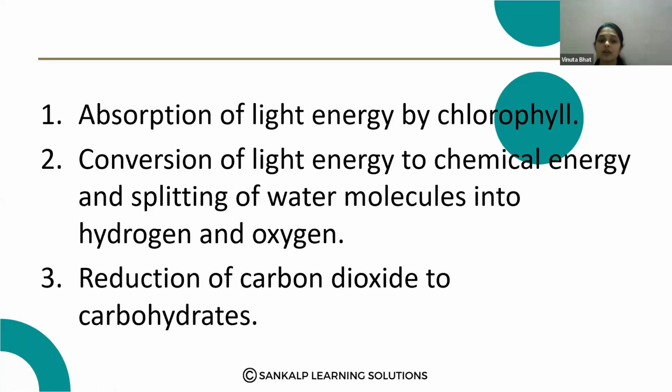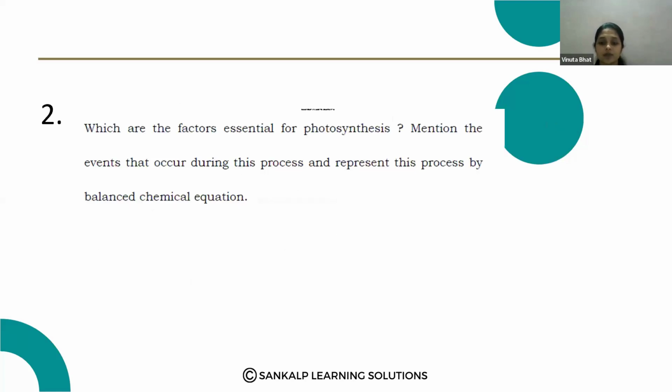Then the reduction of carbon dioxide to carbohydrates. So these are the 3 steps involved in the events that occur in photosynthesis.